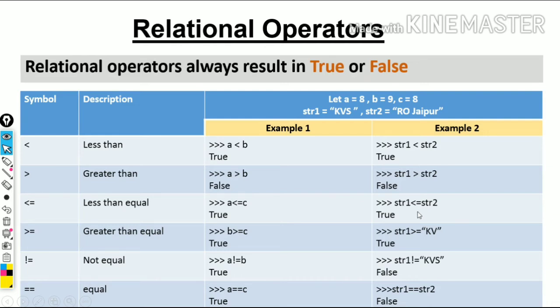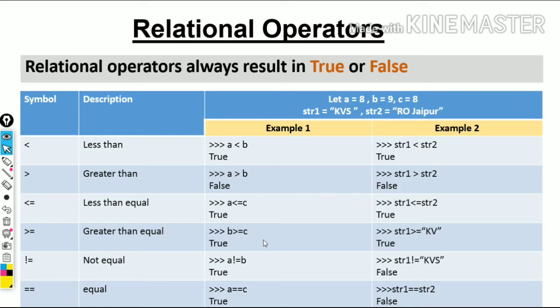In case of strings str1 and str2, as we have already seen that k is smaller than r, the ASCII value of k is smaller than r, so str1 is less than str2, and the result will be true. Greater than or equal to will also work like less than or equal to, but it will check for the greater than value and the equal to value.